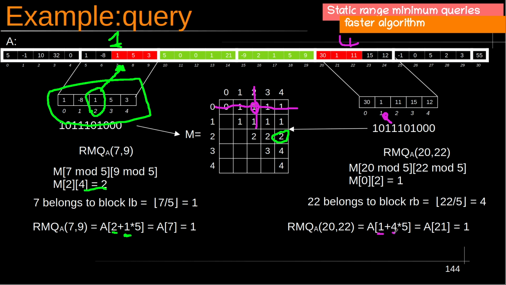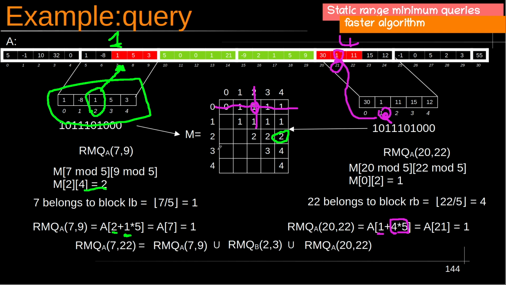We know the block number is 4, so we multiply by 5 to get the distance between this index and the original array. This is 20 plus 1, which is 21. So the index 1 is the index 21 in the array A, which is A1 and 21, which is 1, 2.